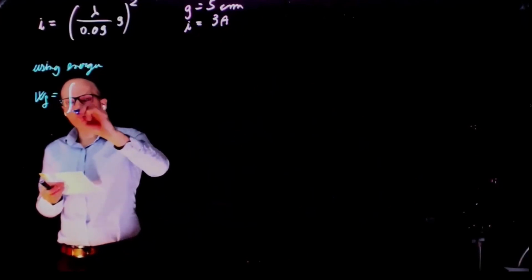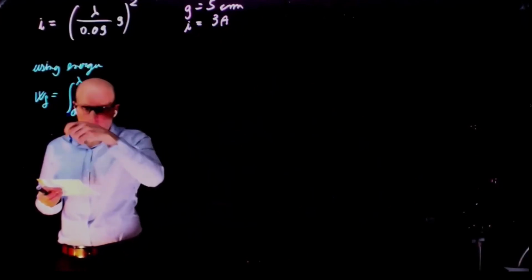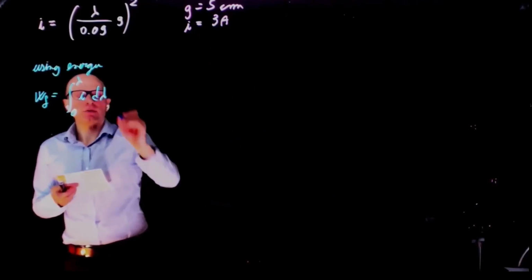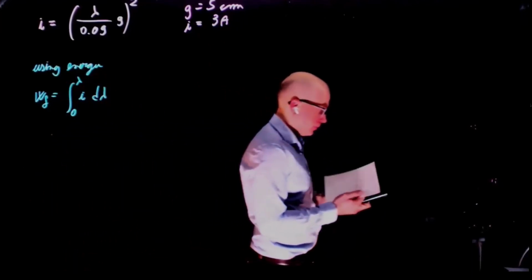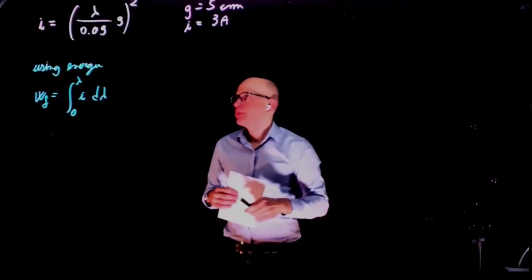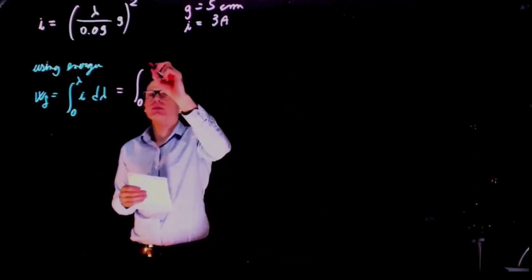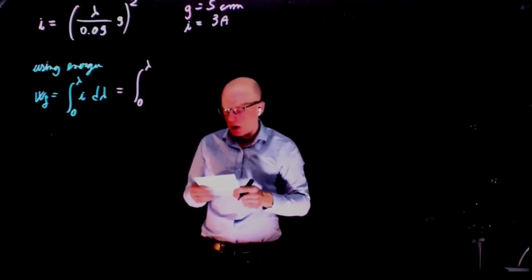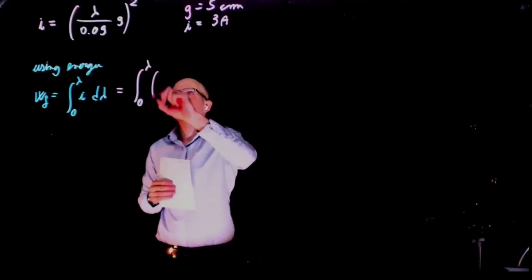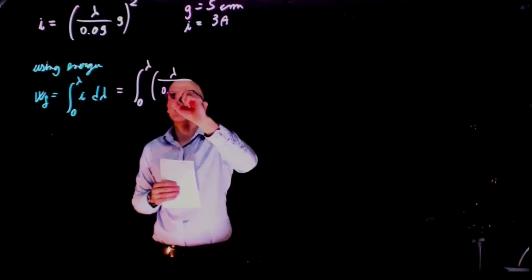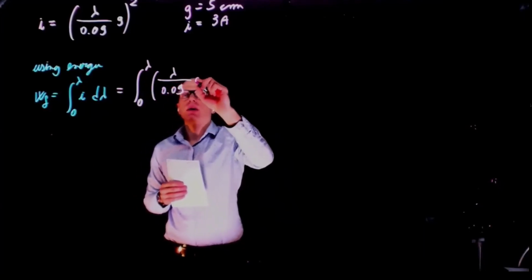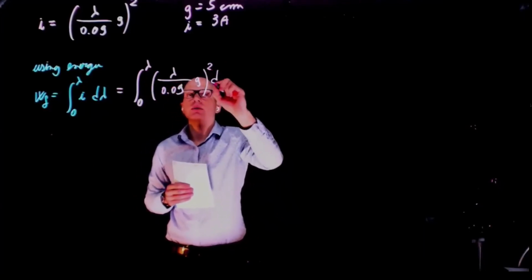It is the integral from 0 to lambda of I d lambda. I is given there: the integral of lambda over 0.09 times g squared d lambda.